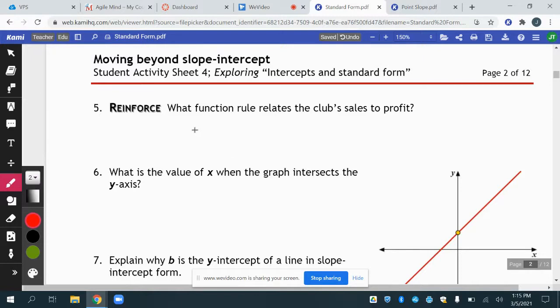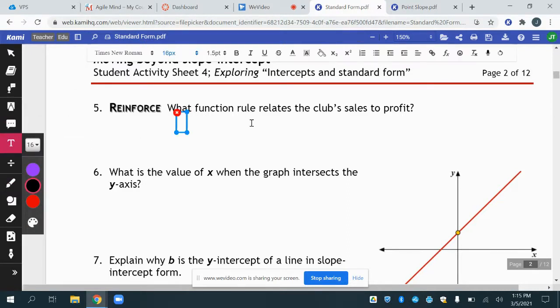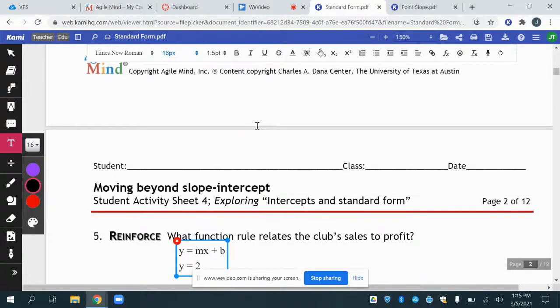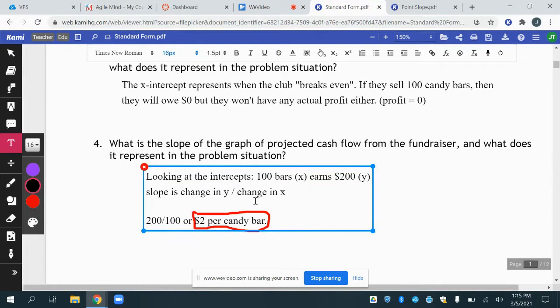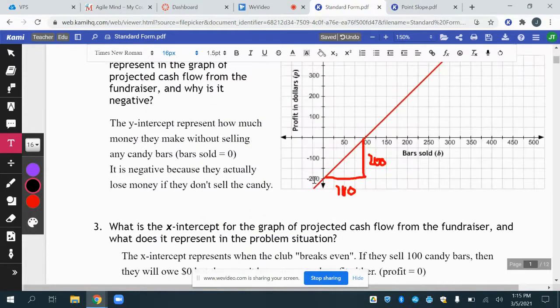Well, there are lots of ways we could do this. Okay. So in the past, we would say, now I know the slope, y equals mx plus b. And we would say, okay, y equals, now I know it goes up by $2 per candy bar. That's my slope. We just wrote it up here. And we know it crosses at negative 200.